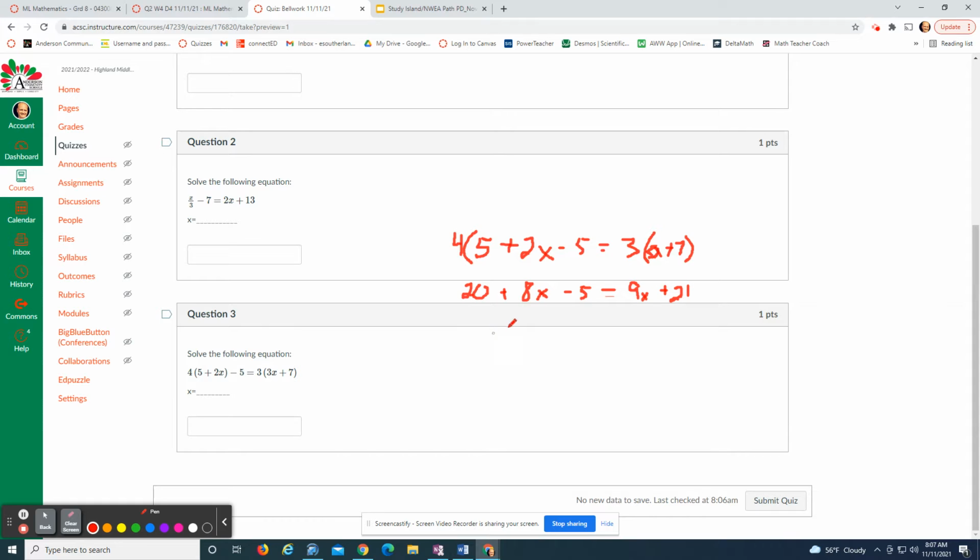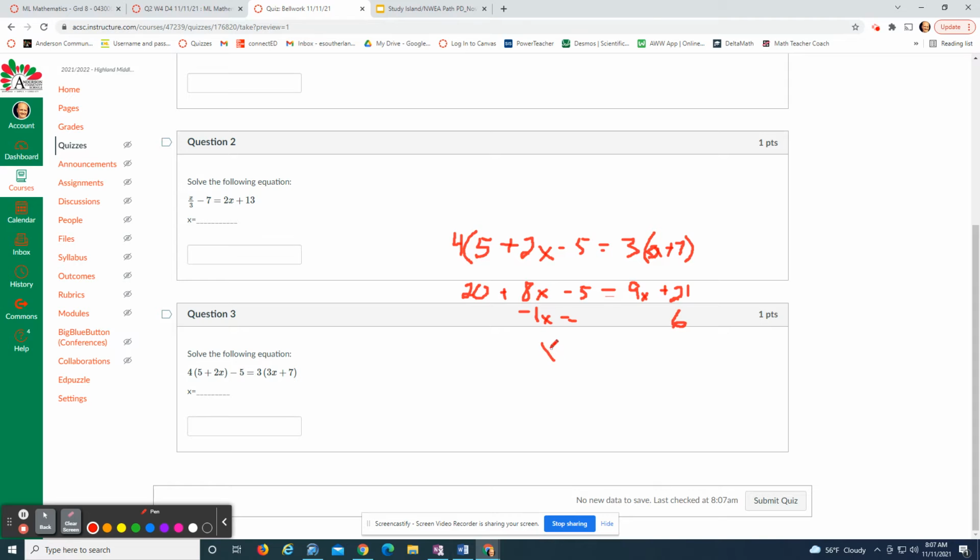I then want to move my variables to the left and my regular numbers to the right. So the first thing I would do is combine these two. They become 15. And so you can subtract 15 from 21, and it will become 6. Then you want to subtract 9x from both sides. So you get negative 1x is equal to 6.